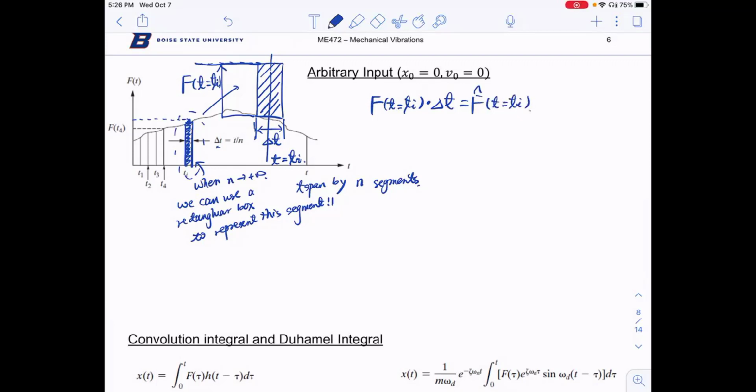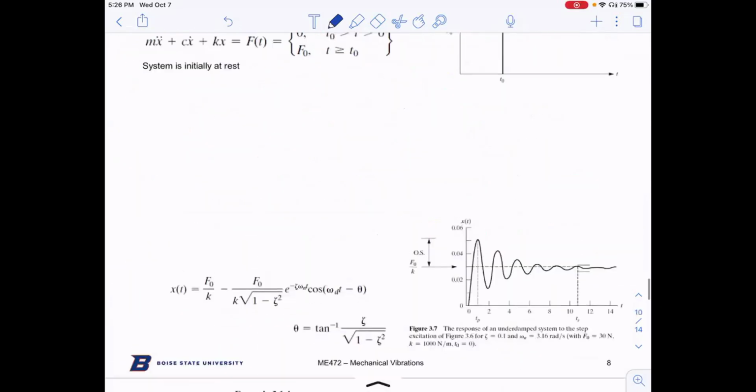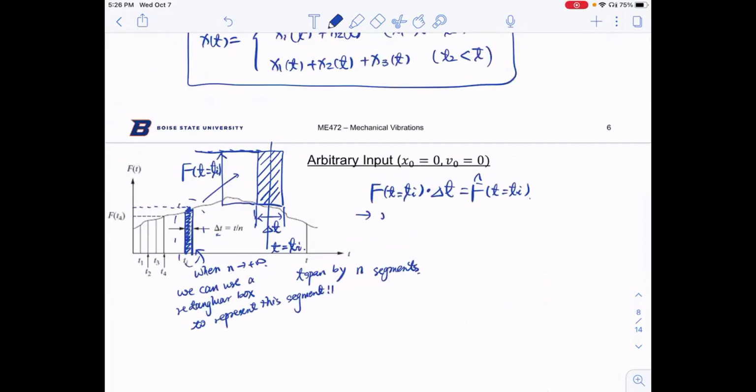So which means the response due to the ith segment. Within each segment, you can assume there is an impulse. So what's the response of this impulse? You can write it as x at t equals ti.